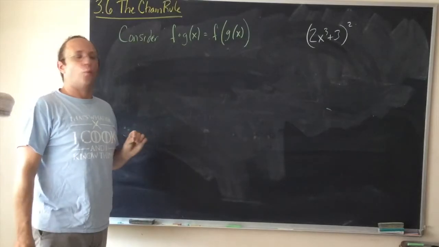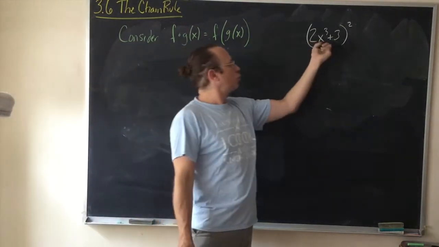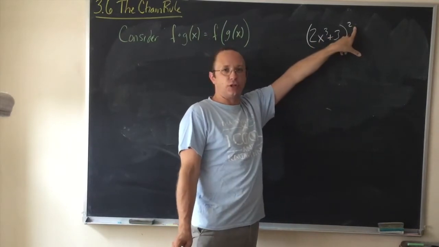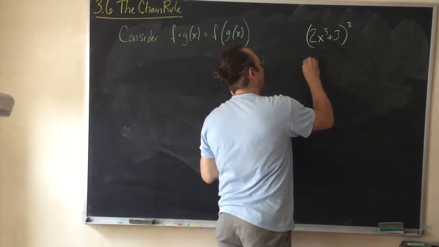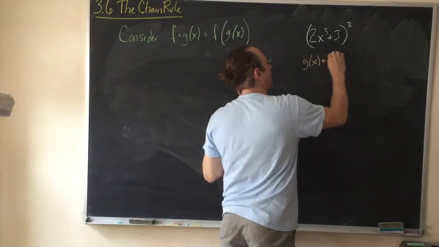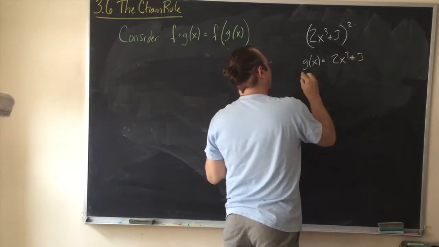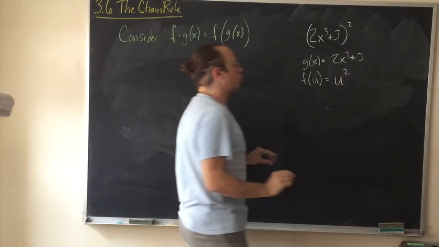The chain rule works with functions inside of other functions. For example, 2x cubed plus 3 is a function inside of another function, the squaring function. So in this case, I can think of the inside function as being 2x cubed plus 3. And then I can think of the outside function, and I'm going to use the letter u, to be u squared.